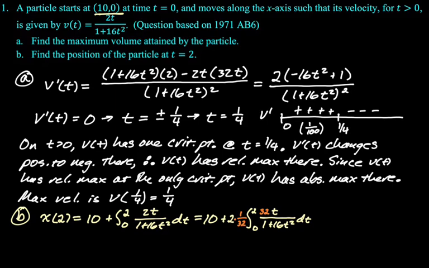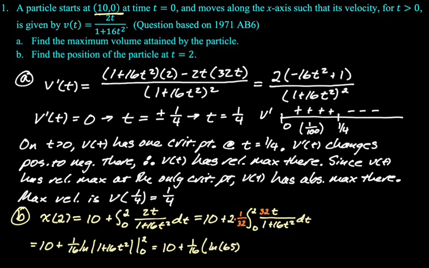Here we have 10 plus 1 over 16 natural log, absolute value, 1 plus 16t squared from 0 to 2. Plugging in, you get 10 plus 1 over 16 times the natural log of 65 minus the natural log of 1. The natural log of 1 is 0, so ultimately we get 10 plus 1 over 16 natural log of 65. It's not a nice looking answer, but it is the answer, and that's okay.